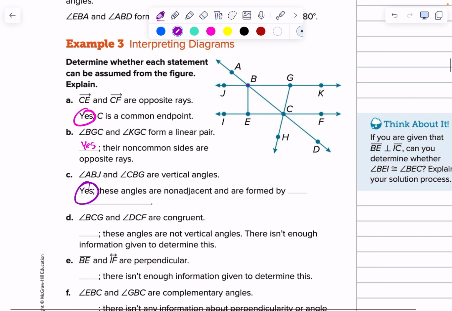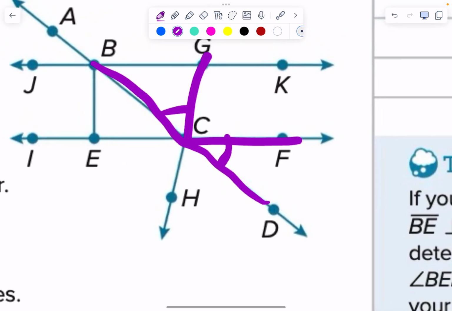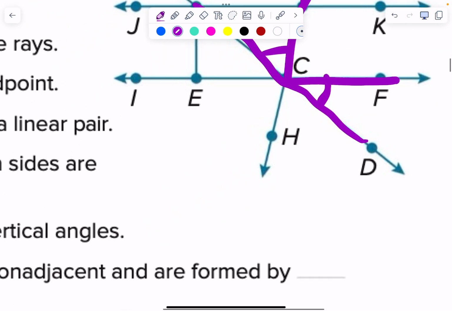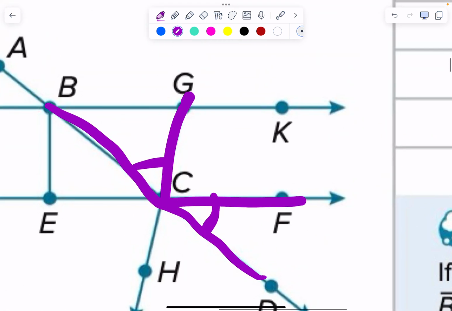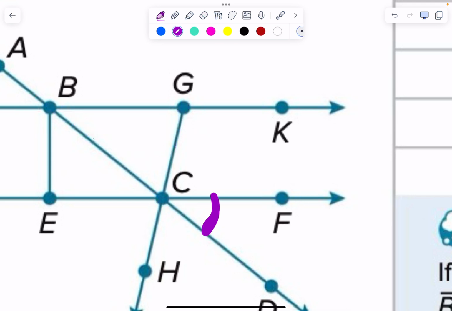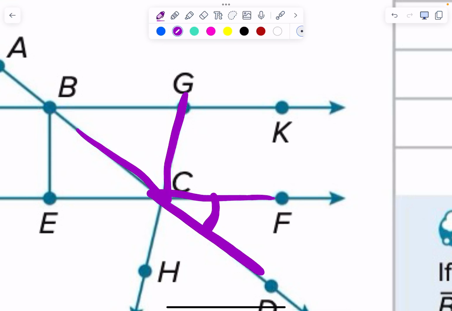BCG, this angle here, and DCF, this guy right here, can I assume that those 2 are congruent? No. Unless they do the little loops like I just did, we cannot assume that, so no. They said, can we assume that this angle and this angle are the same?